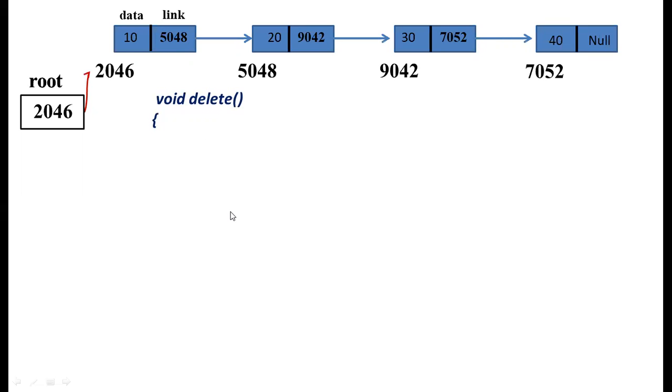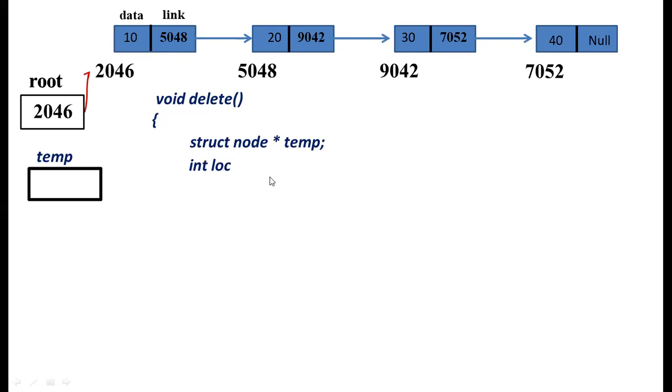So here, first we have to create a temporary variable temp, which is of struct node pointer type. Next, we need to declare one more variable, location, that is int LOC. To delete, first we have to give the location value, which node we have to delete.